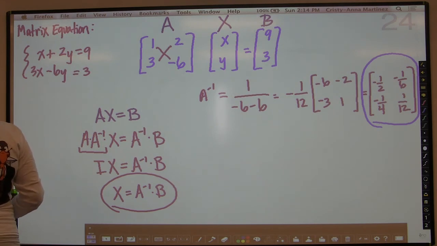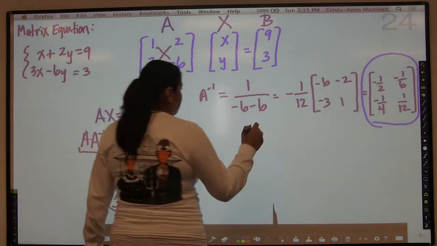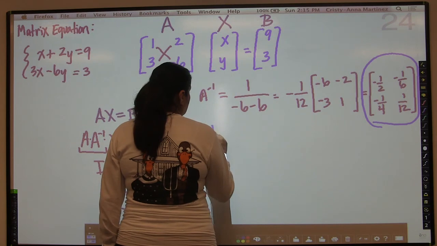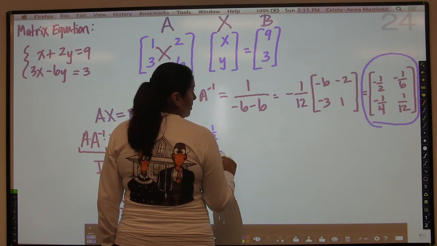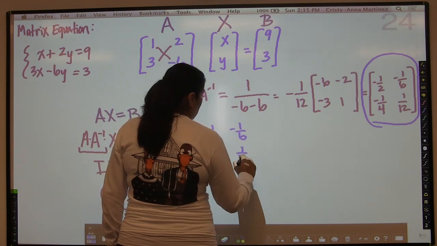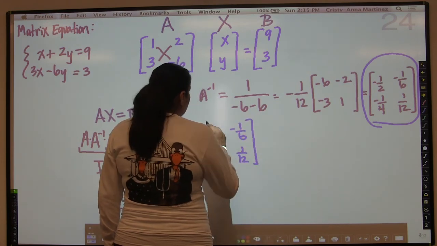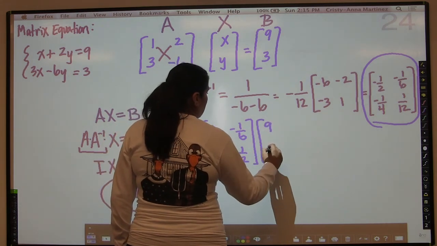And so what I need to do is calculate A inverse times B. So I want to take that matrix, negative 1/2, negative 1/4, negative 1/6, 1/12, and multiply it by B, which was 9/3.